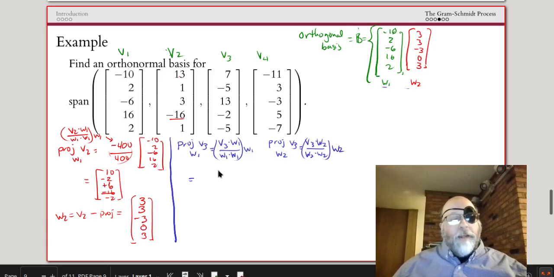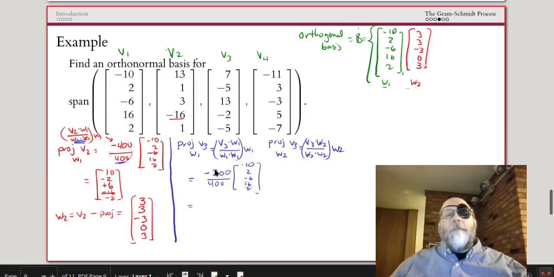When we put all of that together, we get negative 200. And W1 dot W1 we did over here, and it's positive 400, times W1, which is negative 10, 2, negative 6, 16, and 2.